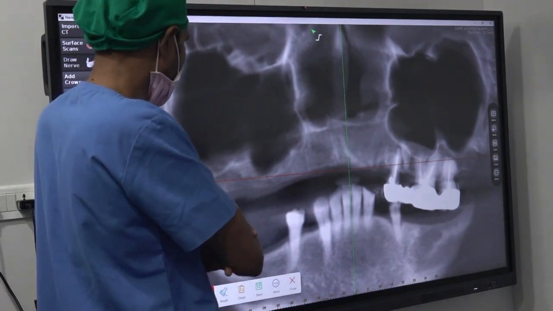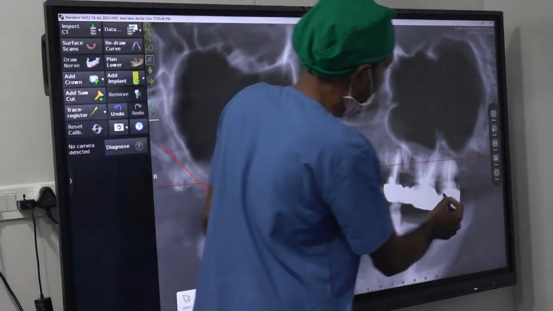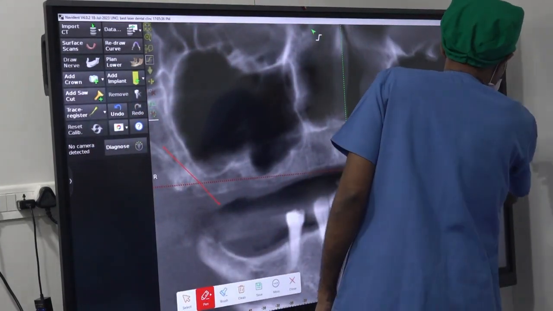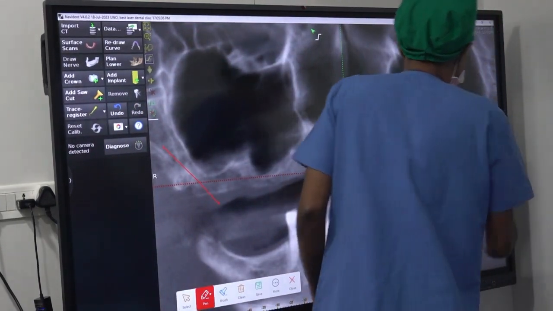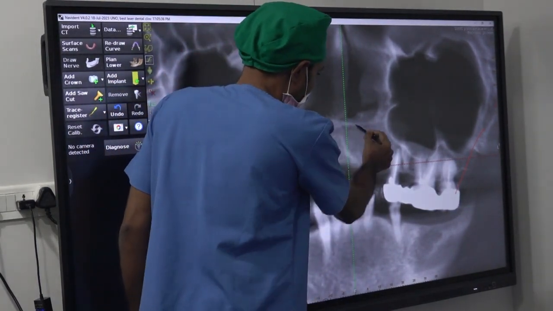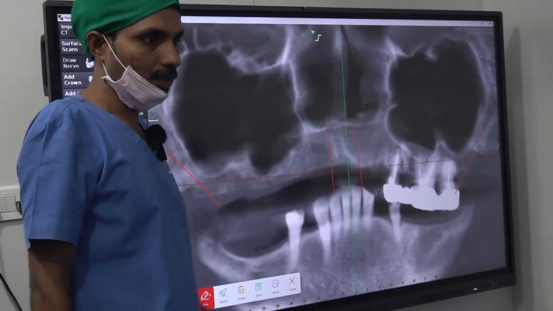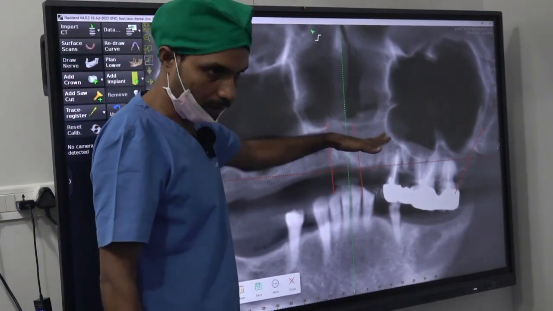So we will plan this case. We will plan for a pterygoid here. This is the pterygoid. And 1, 2 implants, they are basic. Luckily, there is some good bone available. Some patients don't have bone here.